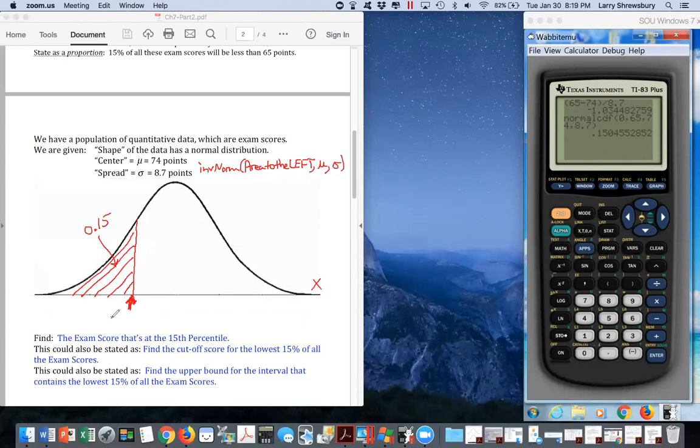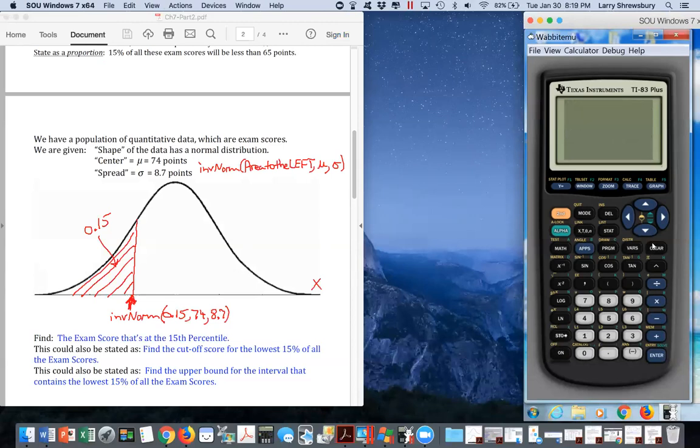So I can find this using inverse norm. What's my area to the left? Well, my sketch is telling me it's 0.15. And then what's our center? What's our spread? 74 and 8.7. So let's just go over and punch that in on our calculator.